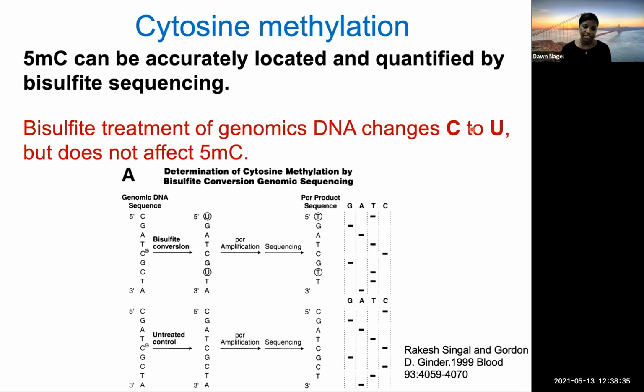So all of the unmethylated cytosines will be converted to uracil. If it's methylated, there's no conversion, okay?